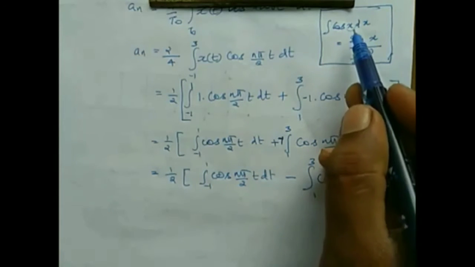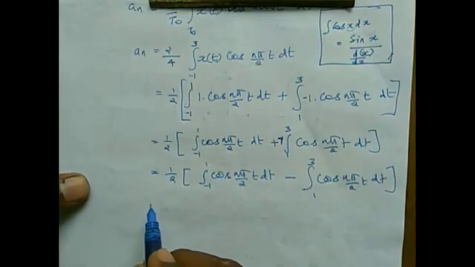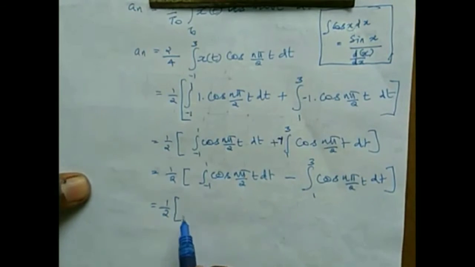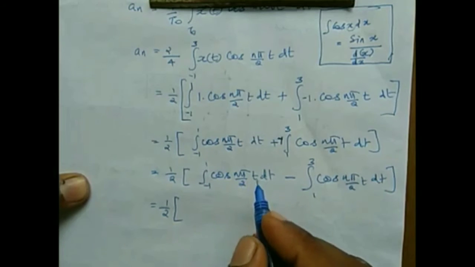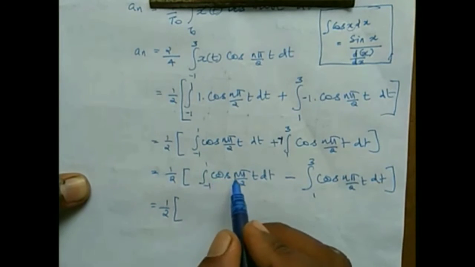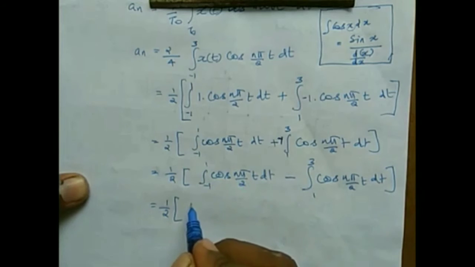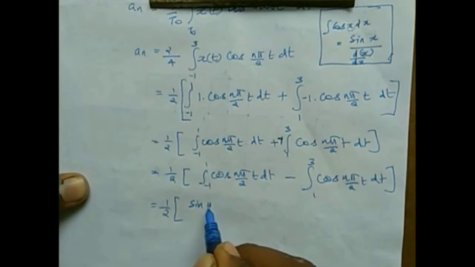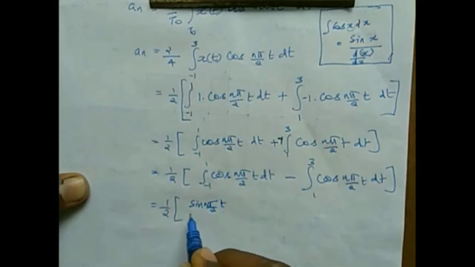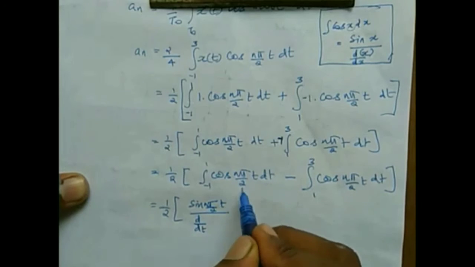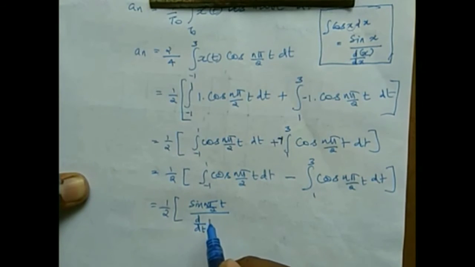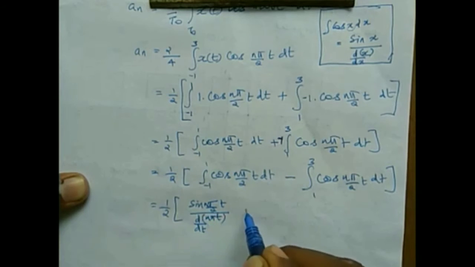So by using this formula, let us integrate cos n pi by 2 t, which is equal to sin n pi by 2 t divided by d by dt of the angle. D by dt of the angle is equal to n pi by 2.